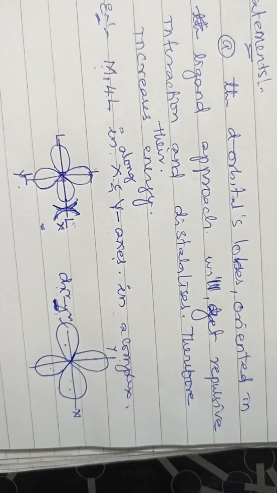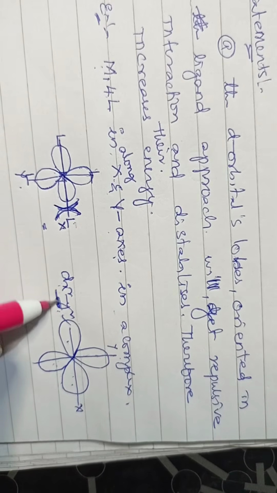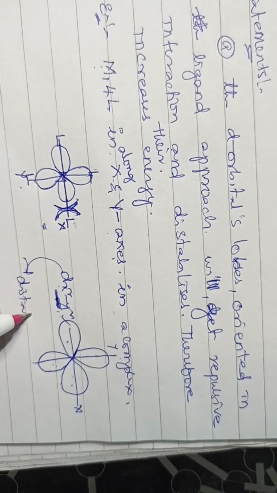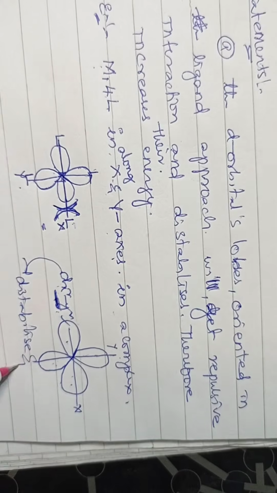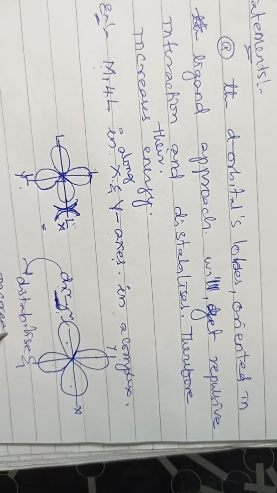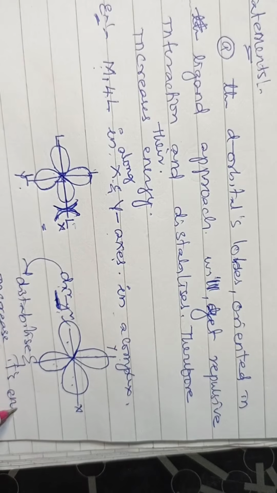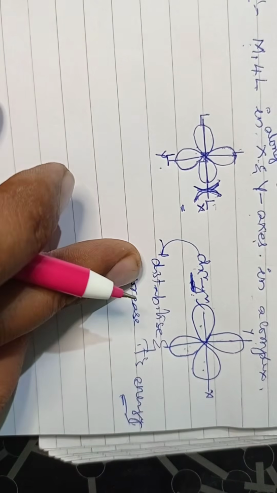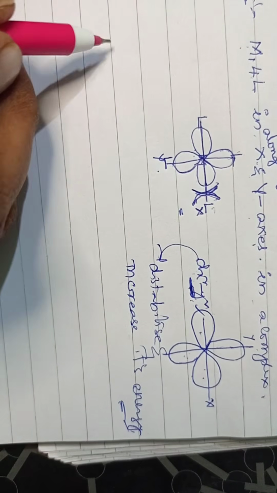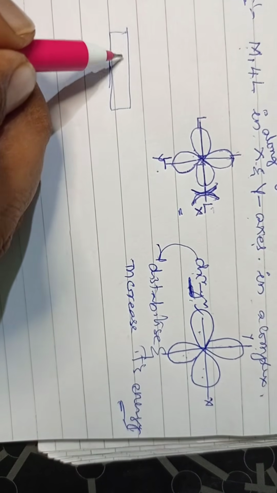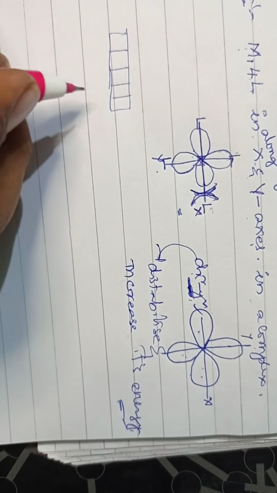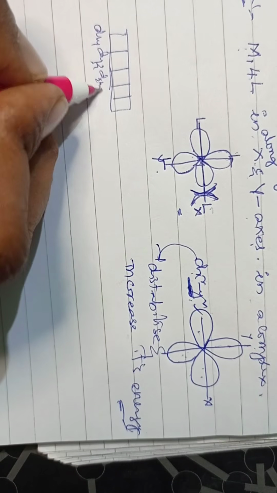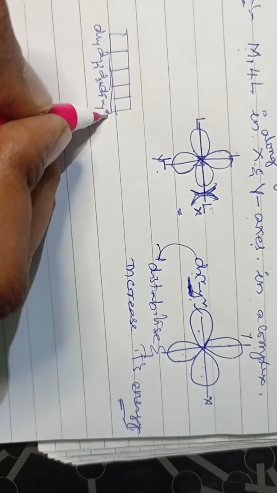When they get repulsive interaction, what happens? This particular dx square minus y square gets destabilized and increases its energy, right? So it can no longer be in the 5-fold group of d orbitals, dxy, dyz, dzx, dx square minus y square, dz square.